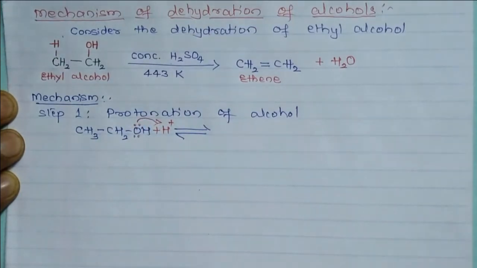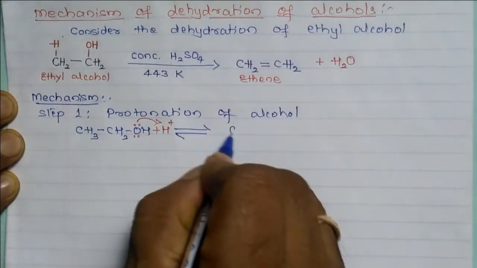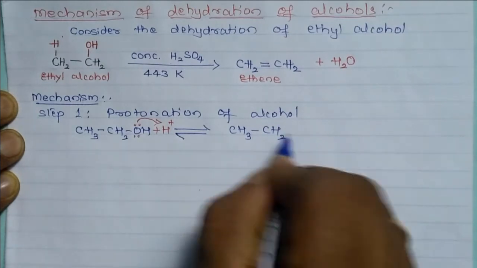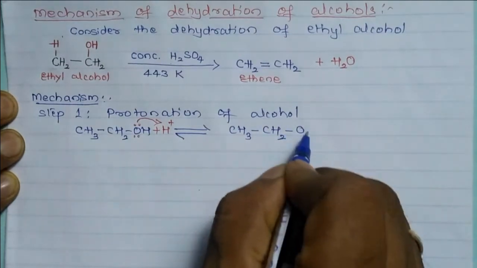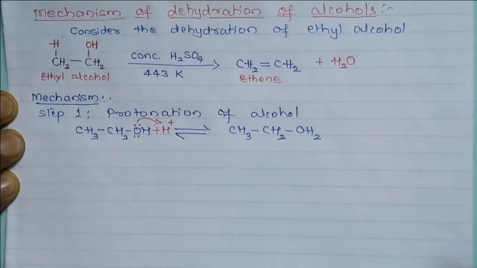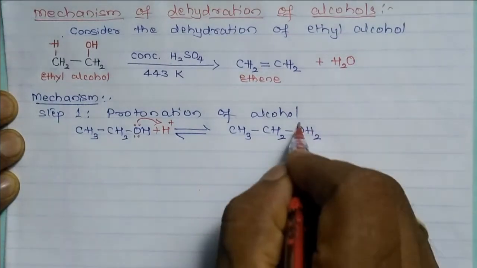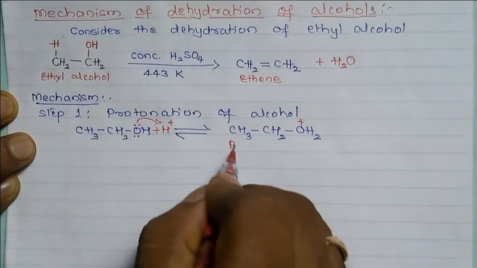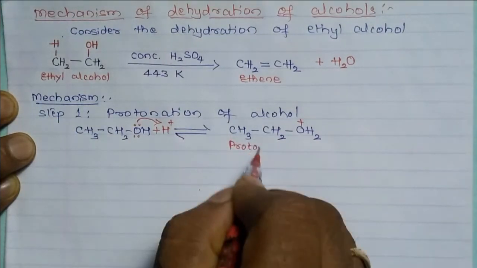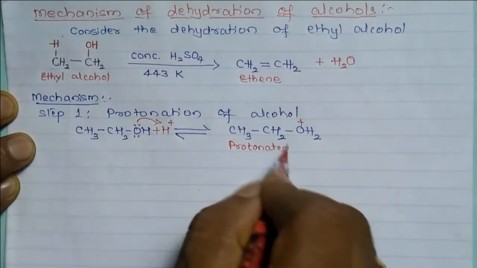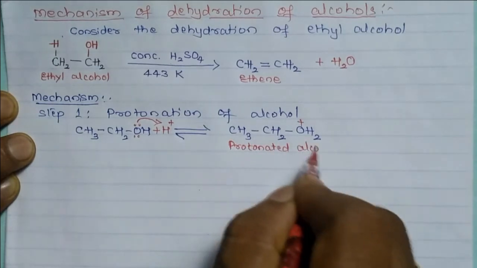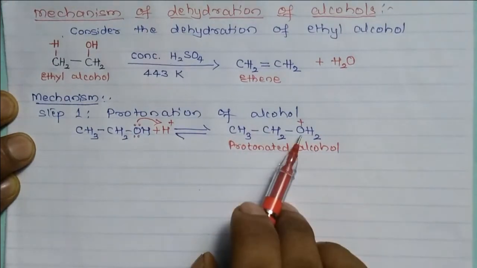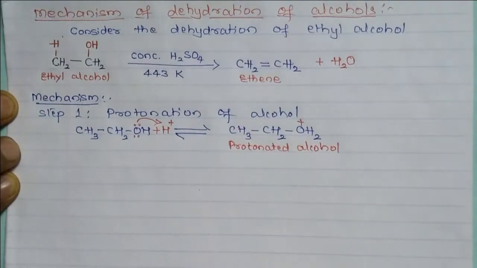So you are going to get protonated alcohol, CH3 CH2 OH2+. This is known as protonated alcohol, or ethyl oxonium ion.